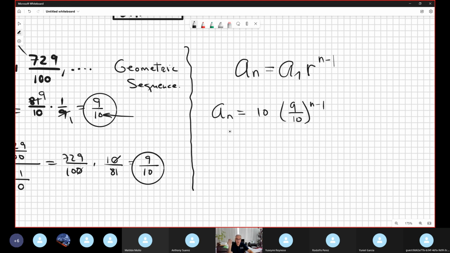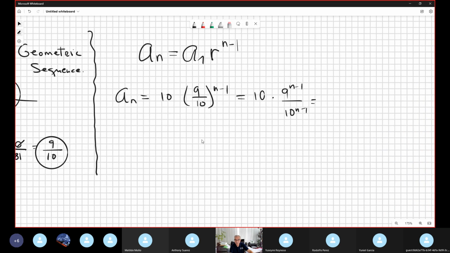It's possible to leave it like that, but we can simplify a little bit. How? Expand this as 10 times 9 to the n minus 1 divided by 10 to the n minus 1. Now combine the 10 part, which is subtraction of exponents: this is 9 to the n minus 1 divided by 10 to the n.